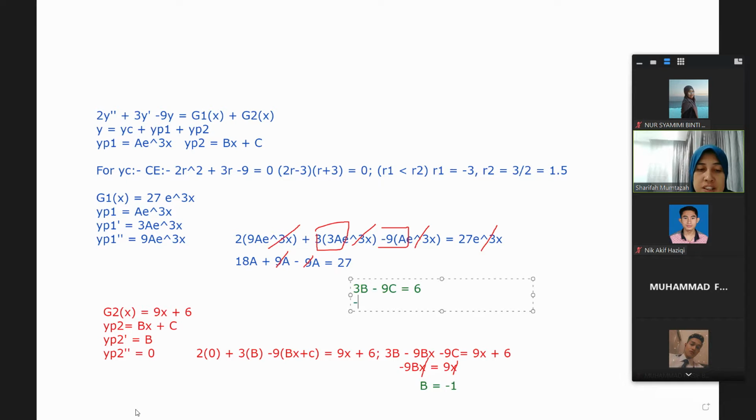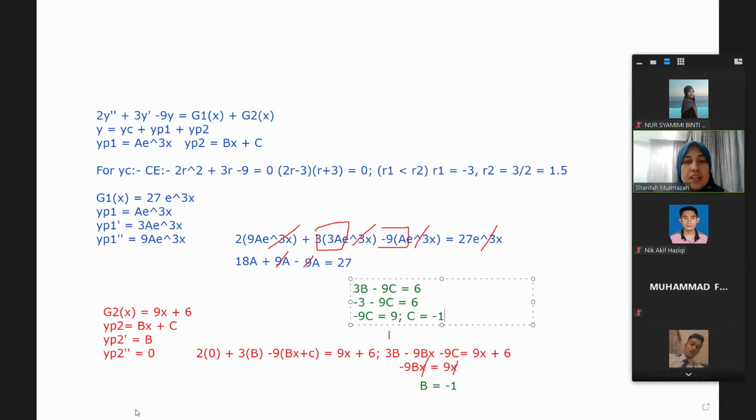So you have negative 3 minus 9C equivalent to 6. So negative 9C equivalent to 9, so your C is equivalent to negative 1. Alright, okay.